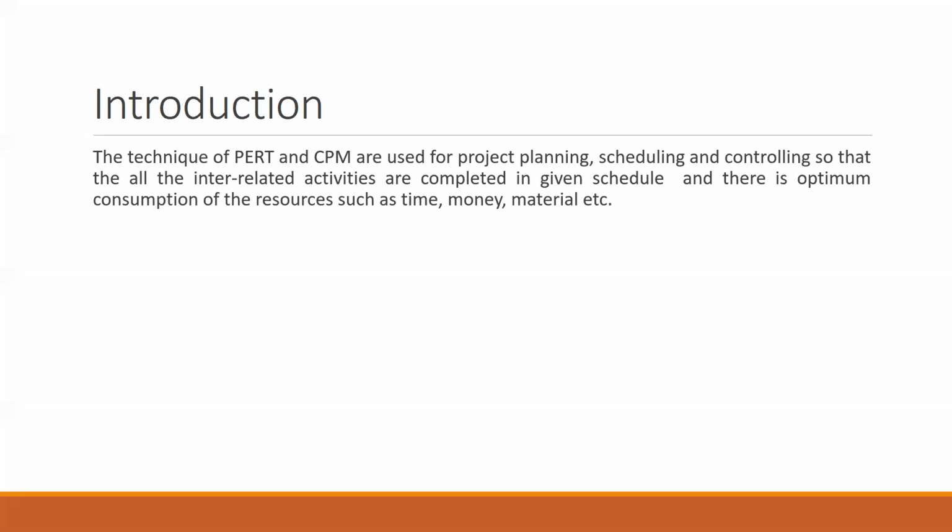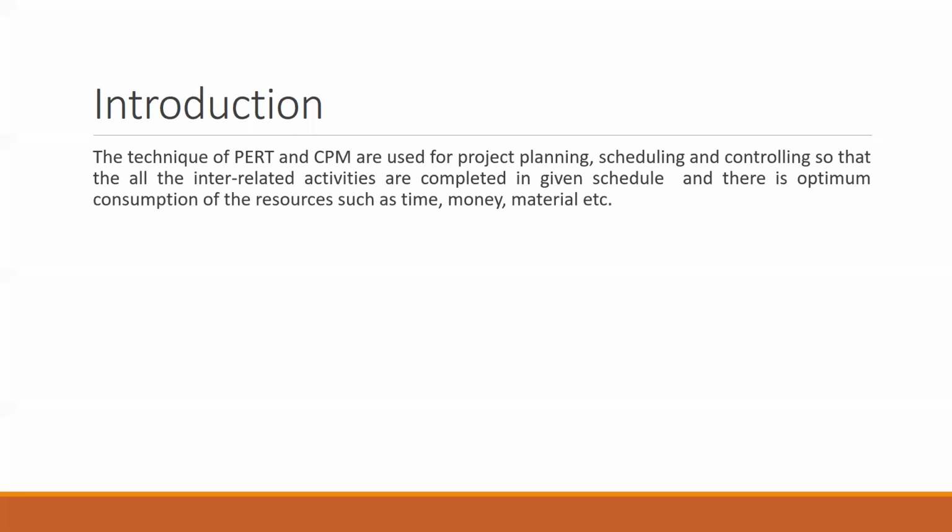The main reason is to complete the interrelated activities in the given schedule and make optimum utilization of the resources available to us. The most important resources are time, money, and material. There can be many more if you want to keep on adding.